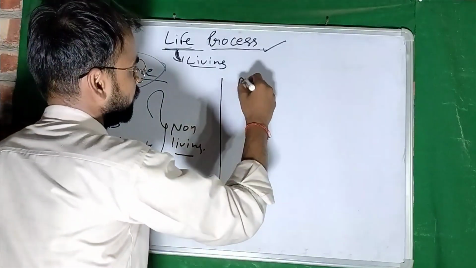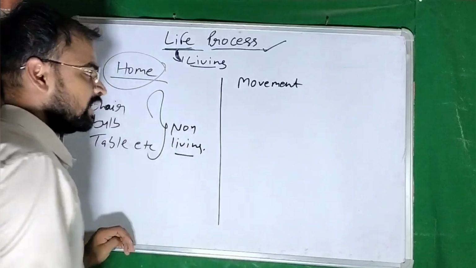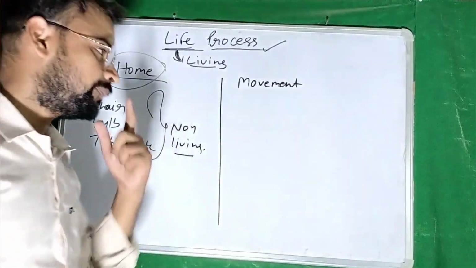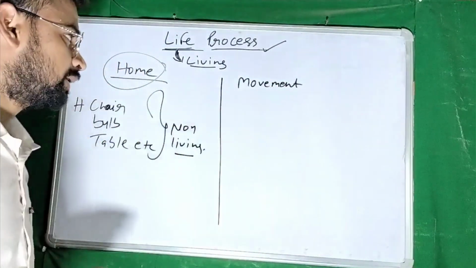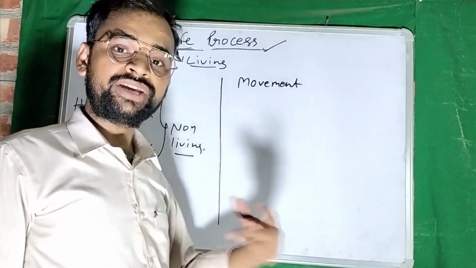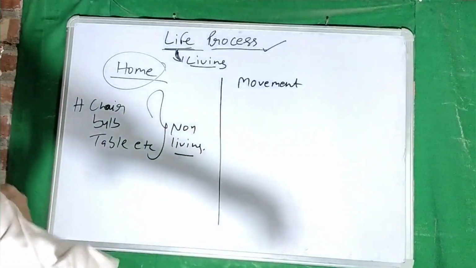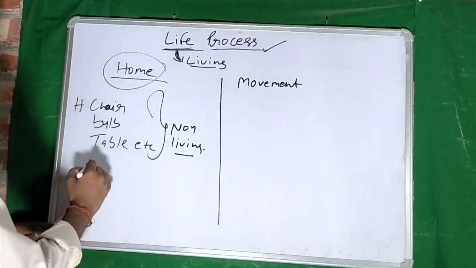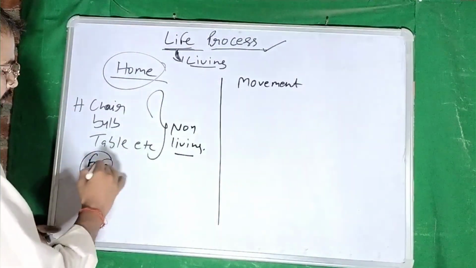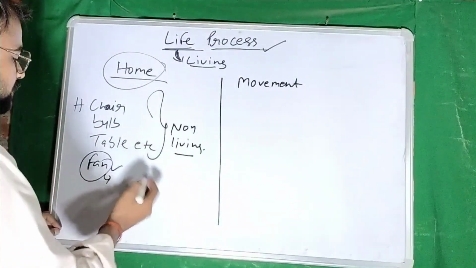Number one is movement. In living things movement occurs. But if you say that movement is the defining characteristic of any object, that is wrong. Because if we talk about a fan, when you put the switch on, the fan will start moving.